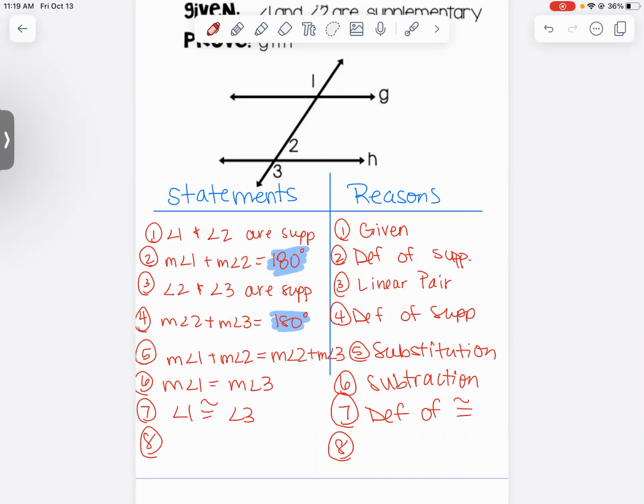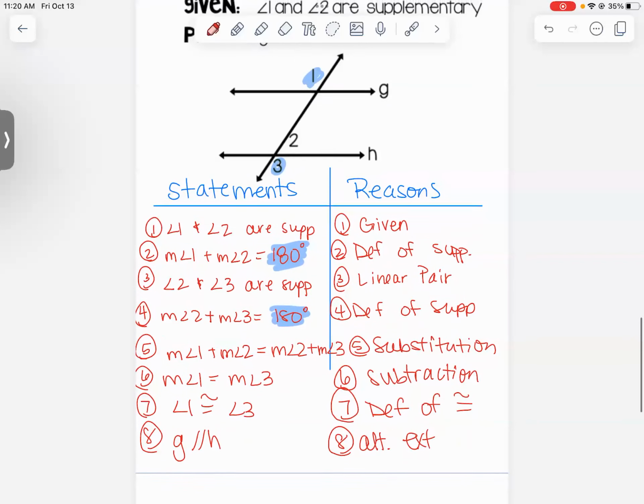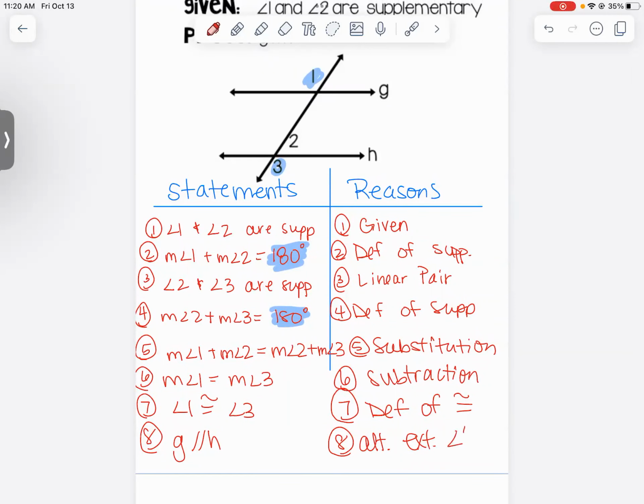But was it hard, Brayden? And since we know that 1 and 3 are congruent, we can say line G is parallel to line H because our alternate exterior angles are congruent.